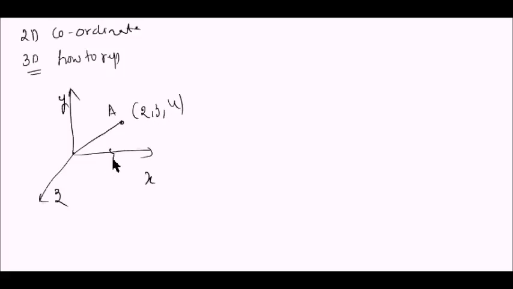Let Vx be the unit vector in the x direction, Vy the unit vector in the y direction and Vz the unit vector in the z direction. Then A will be equal to 2Vx plus 3Vy plus 4Vz. This is the representation of this vector in the three-dimensional coordinate system.